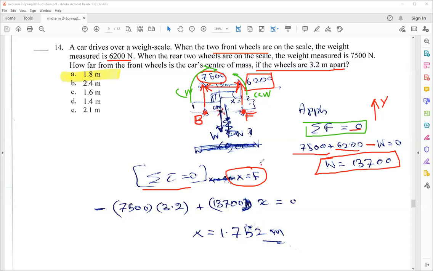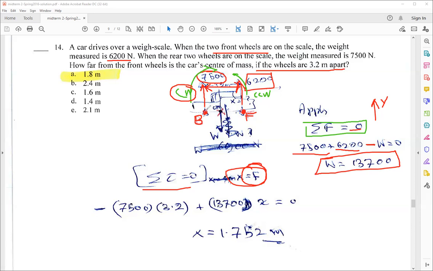Now, with the total weight, I consider the net torque equal to 0 around the front wheels, taking the pivot point to be the front wheels. It's actually the normal from the back wheels causing a clockwise rotation. The torque from the normal on the front wheels is 0, because it's acting directly on the fulcrum.